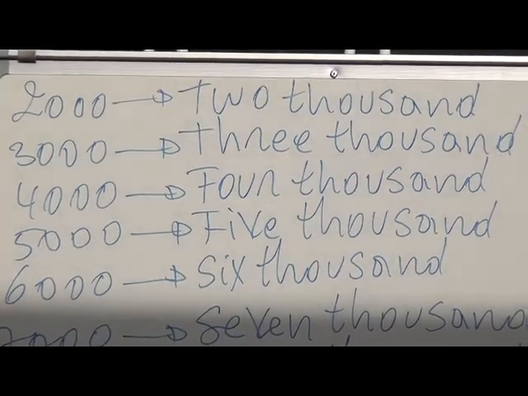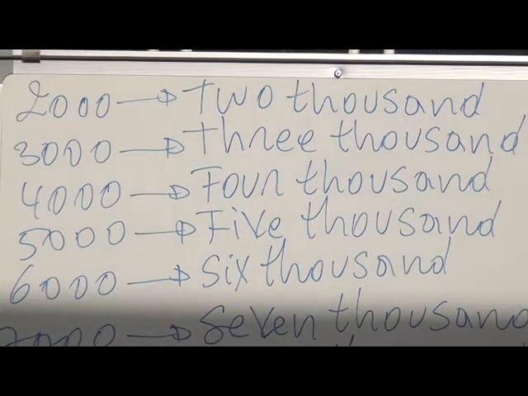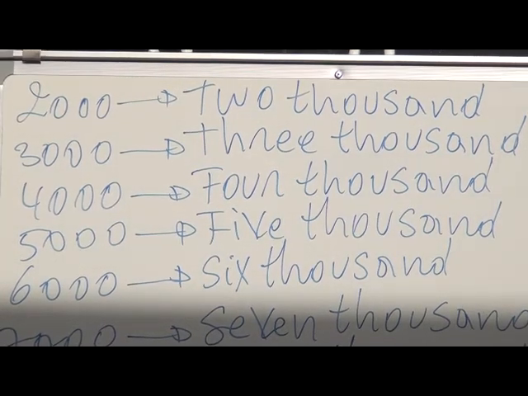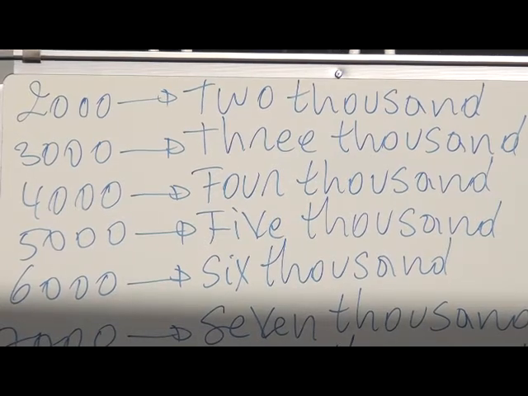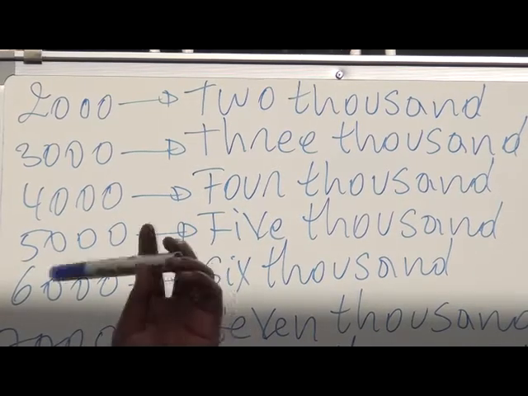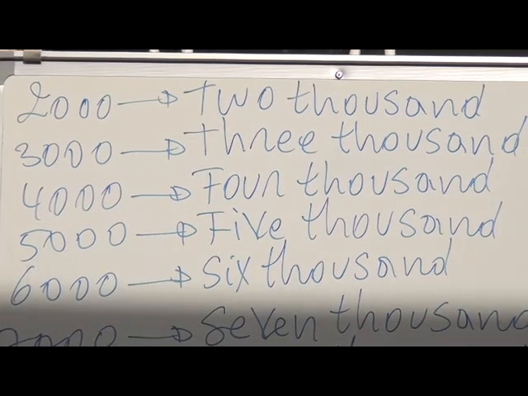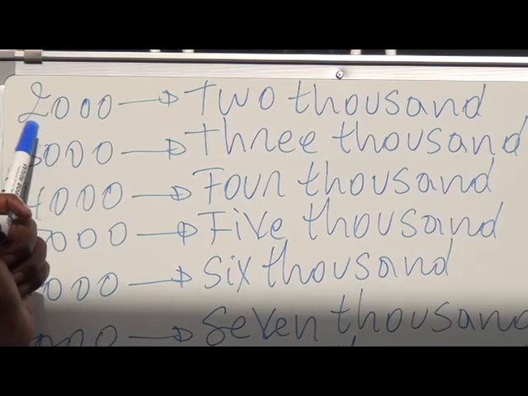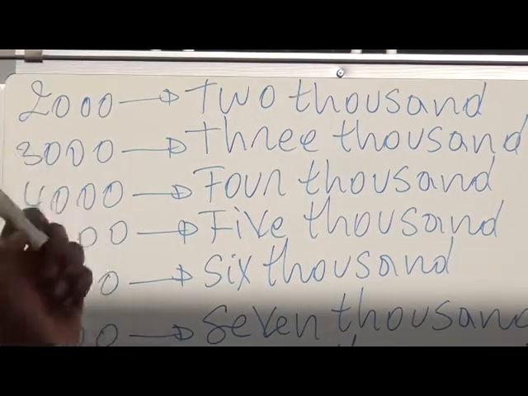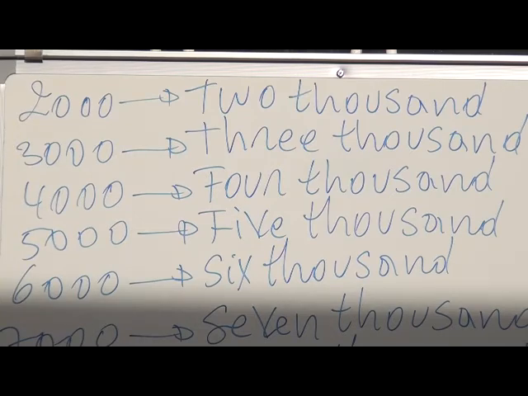We have already seen how to count from 1 to 1,000. Now we are going to see how to count from 1,000 to 100,000. Follow here on the board. We have here 2 and 3 zeros. We will say 2, and those 3 zeros we call 1,000.